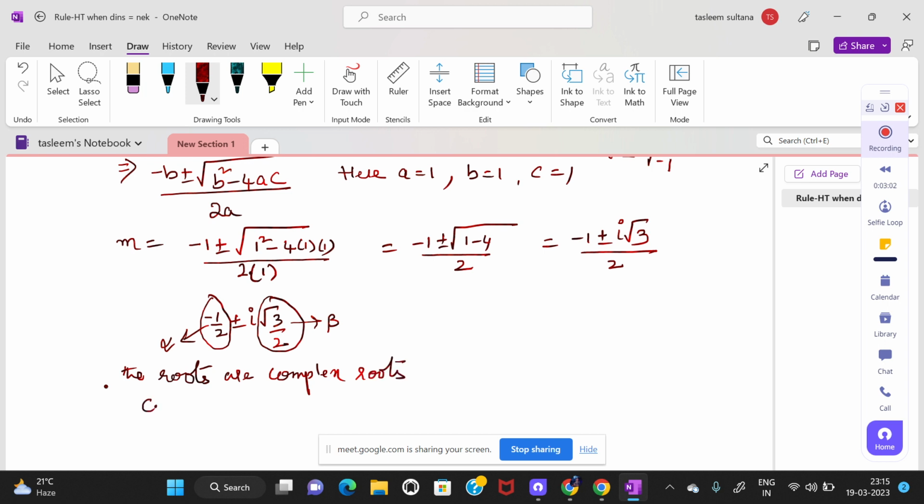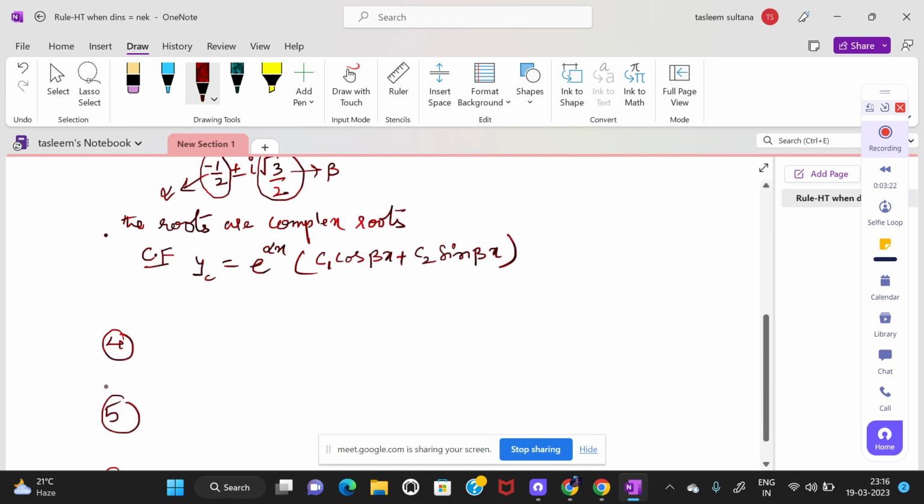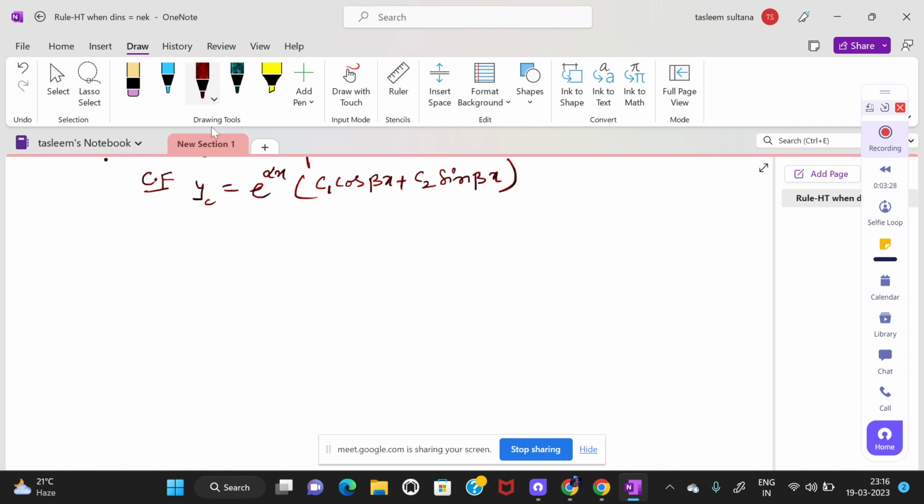So you can write your complementary function, that is y suffix c equals e to the power of alpha x into c1 cos beta x plus c2 sin beta x, where alpha equals minus half and beta equals root 3 by 2. So y suffix c equals e to the power of minus half x into c1 cos root 3 by 2 x plus c2 sin root 3 by 2 x.